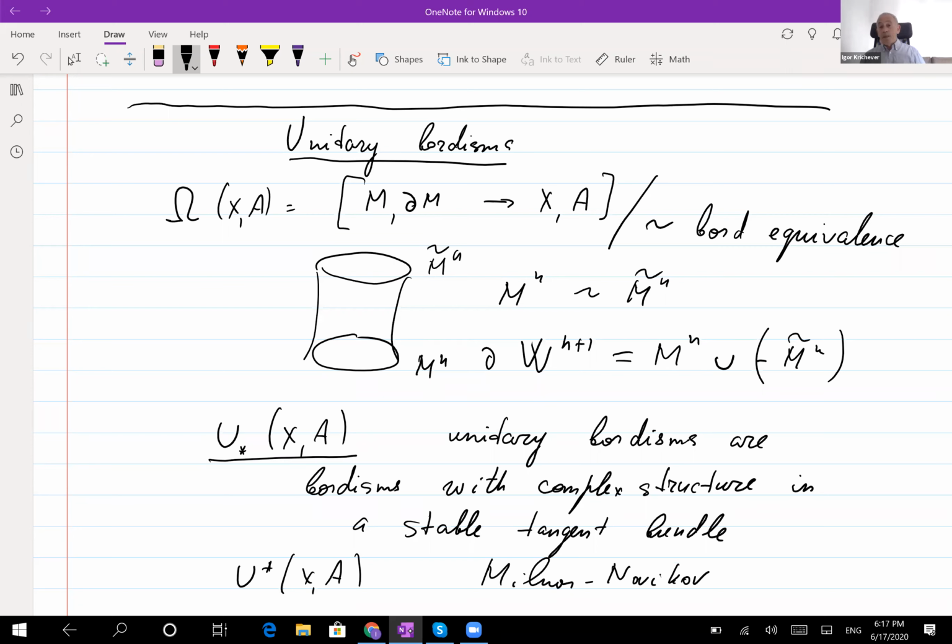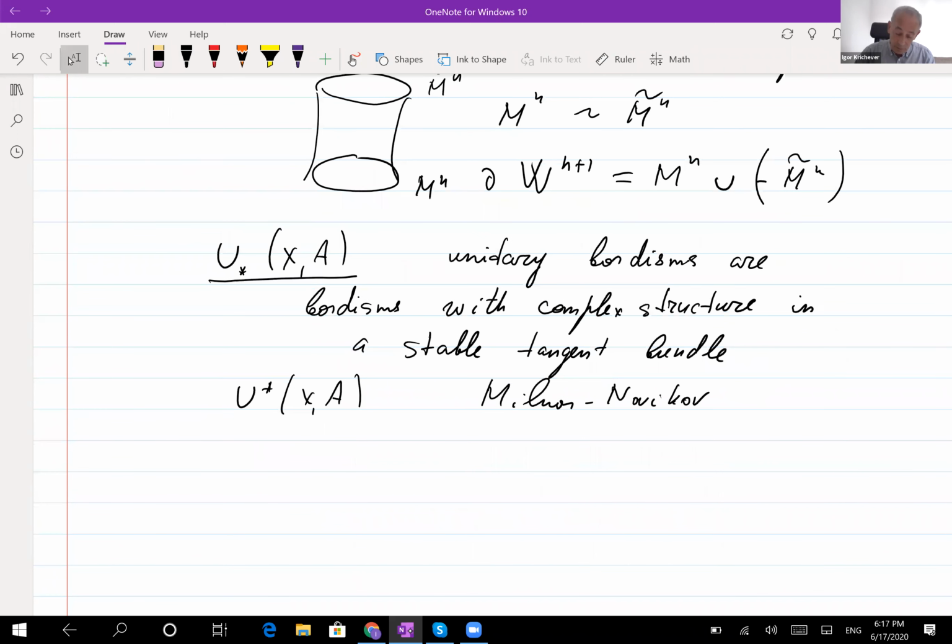So the ring of coefficients, which is, by the way, the spectrum of unitary cobordism theory, is very simple and easy to construct. A spectrum is a sequence of Thom spaces of the universal U(n) bundle over BU(n).